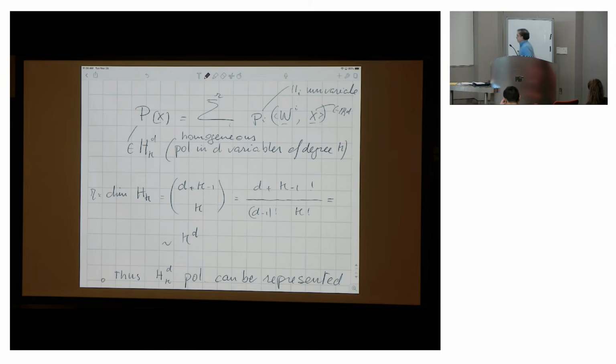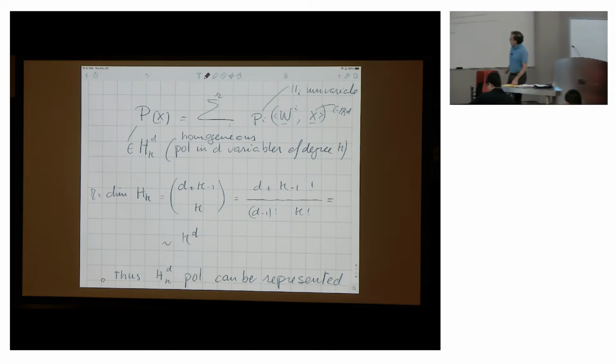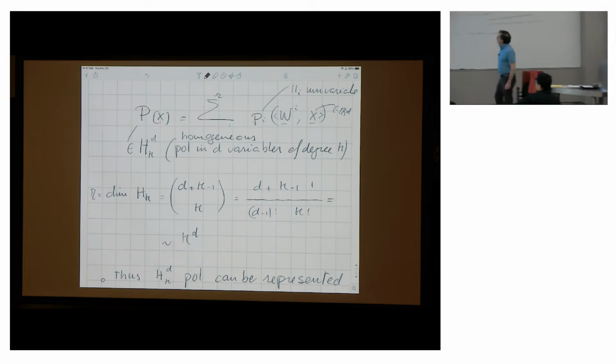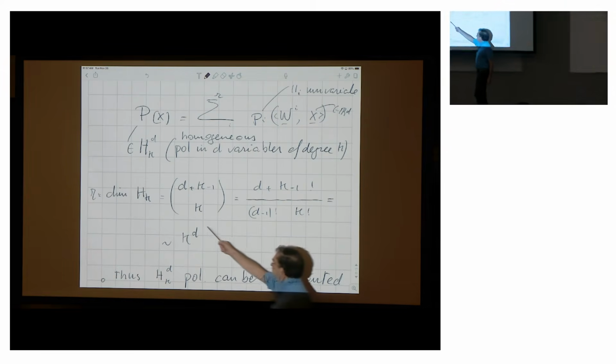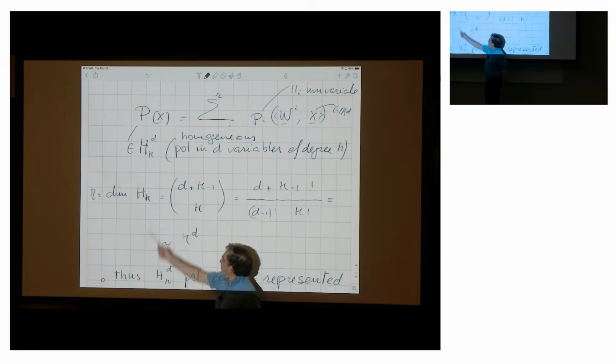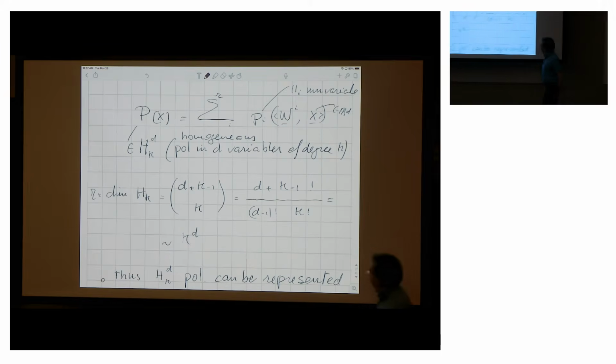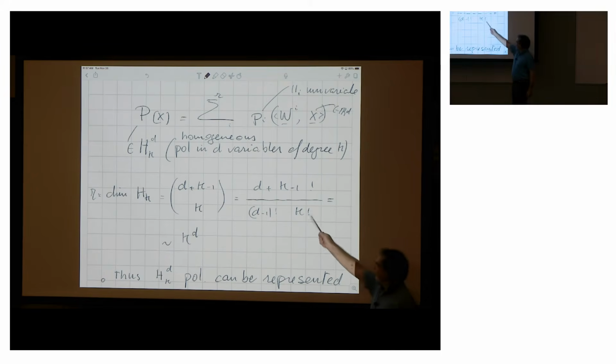Just notice that the terms in that combination, this pi, are a lot. R is the dimension of the space of homogeneous polynomials of degree k in dimension d, which is, as we said, pretty large.